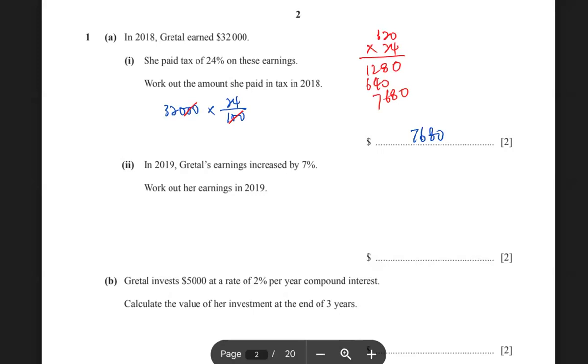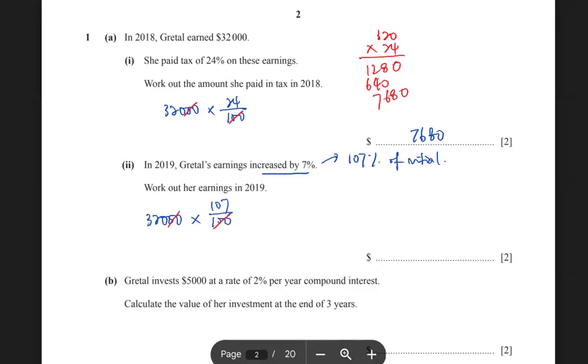Part 2, her earnings increased by 7%. Work out earnings in 2019. If I increase something by 7%, I'm taking 107% of the initial amount. So I'm going to take 32000 times 107 over 100. Same thing without calculator, this is how I do it.